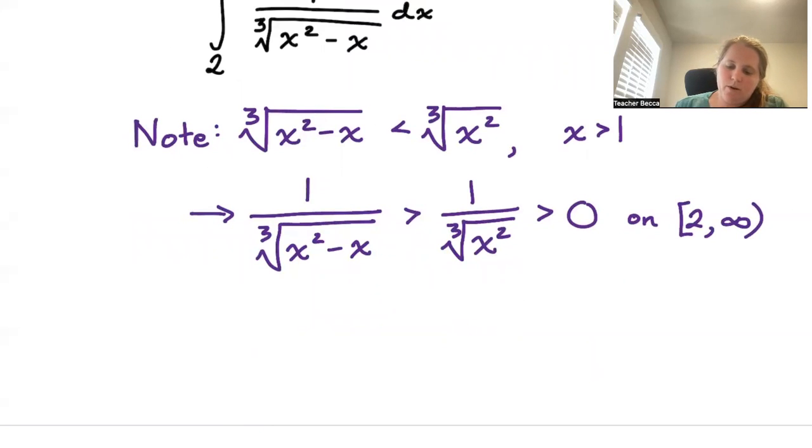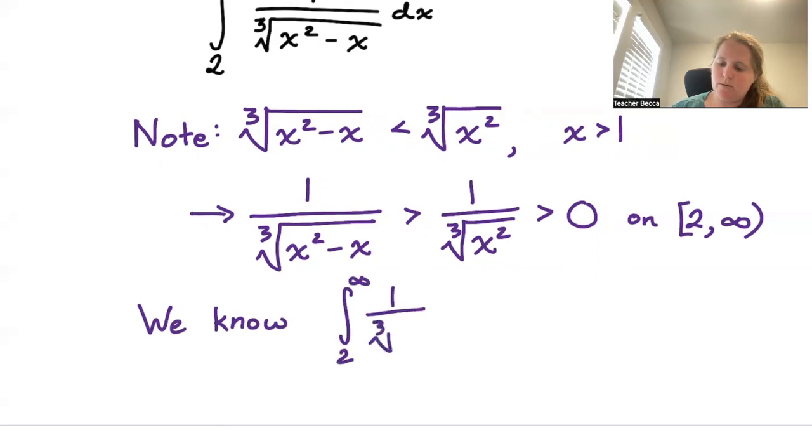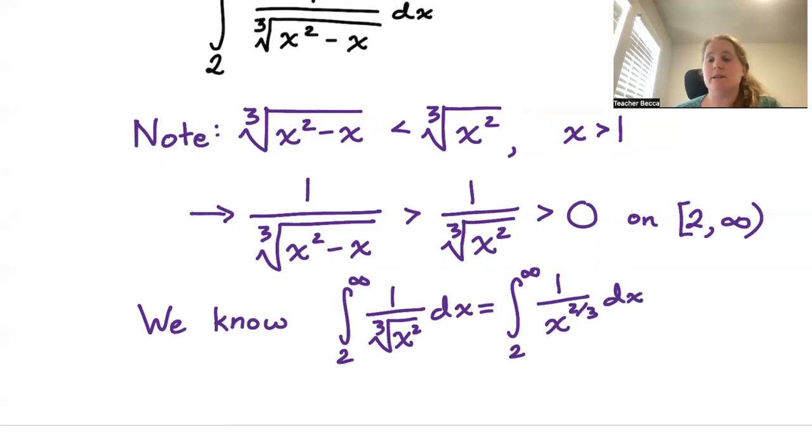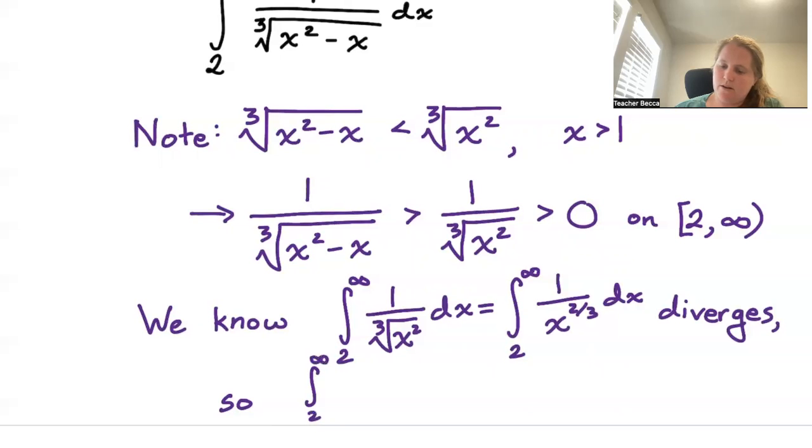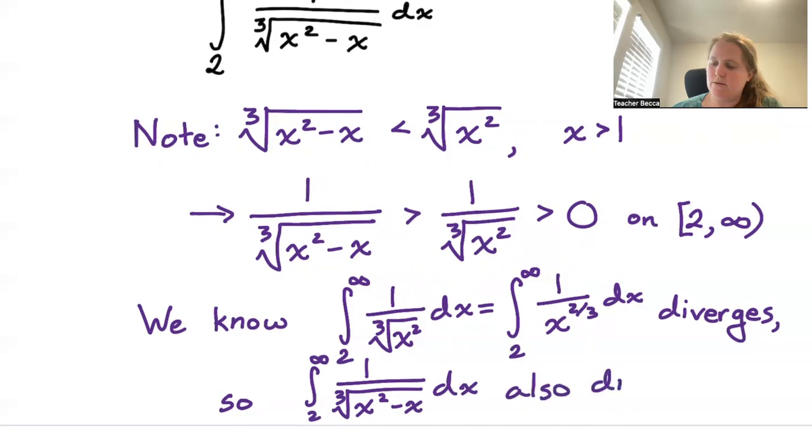We know that the integral from 2 to infinity of 1 over the cubed root of x squared dx, this is the same thing as the integral from 2 to infinity of 1 over x to the 2/3 dx. We know that this diverges. And so that means that the integral from 2 to infinity of 1 over the cubed root of x squared minus x dx also diverges.